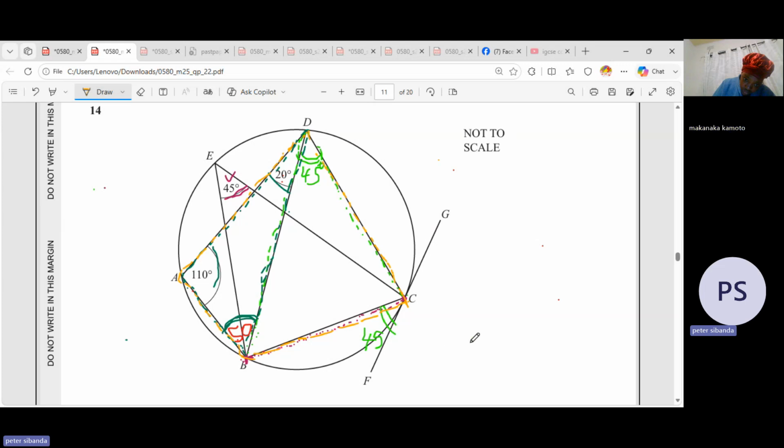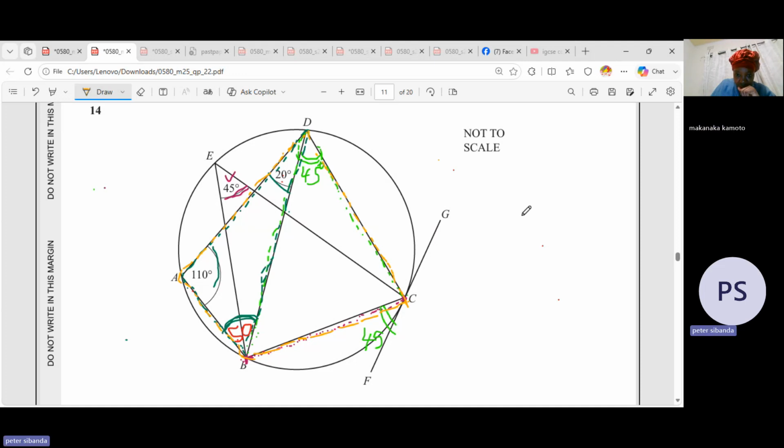Can we focus on that? Yes. We are saying opposite interior angles of a cyclic quadrilateral are what? Equal to the opposite exterior angle. I said opposite interior, so I'm not working with that one of exterior.